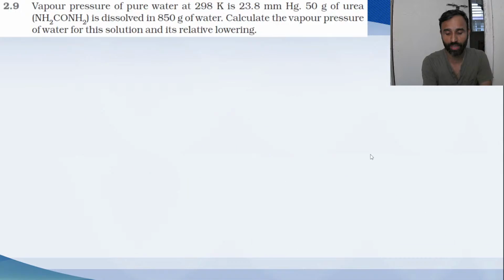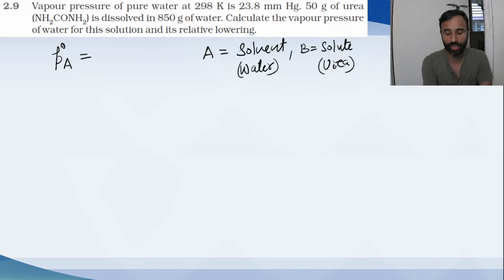Now question number 2.9. Vapor pressure of pure water at 298 Kelvin is given to you. Means P naught A. Let us say A is solvent and B is solute. What is the solvent? Water, and the solute is urea.